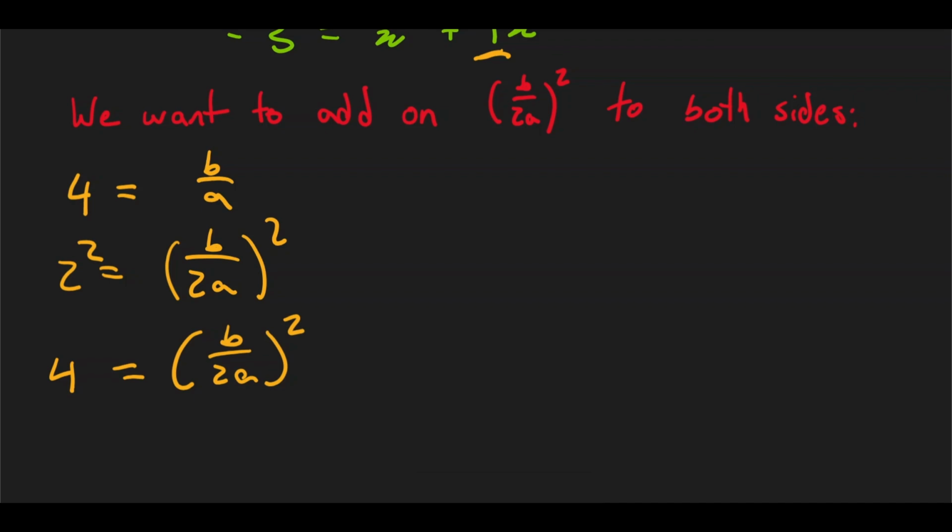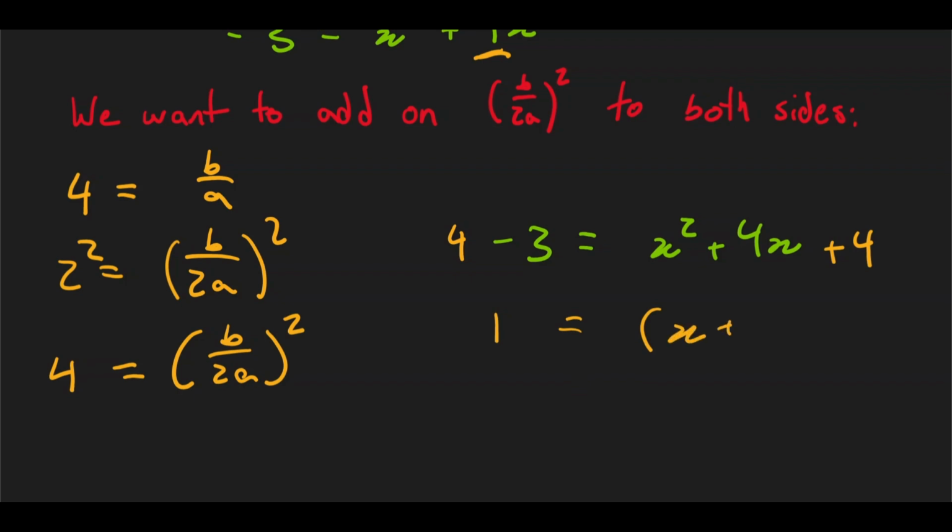So then if I just write out that initial equation, negative 3 equals x squared plus 4x, we can just add 4 to both sides. And 4 minus 3 equals 1. And now this part just collapses down to x plus 2, squared.